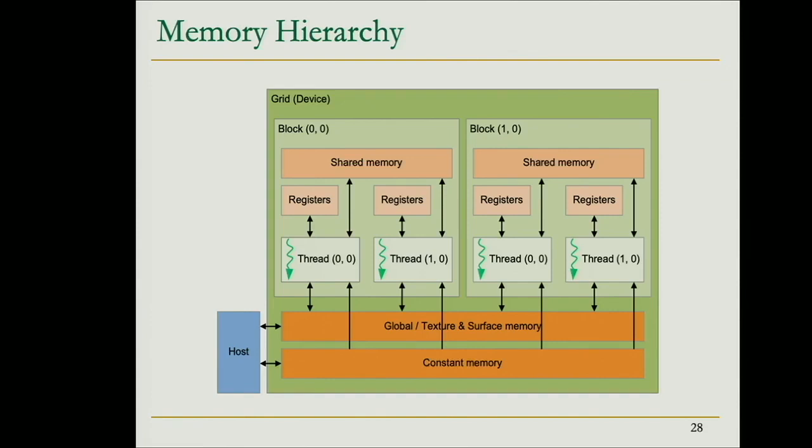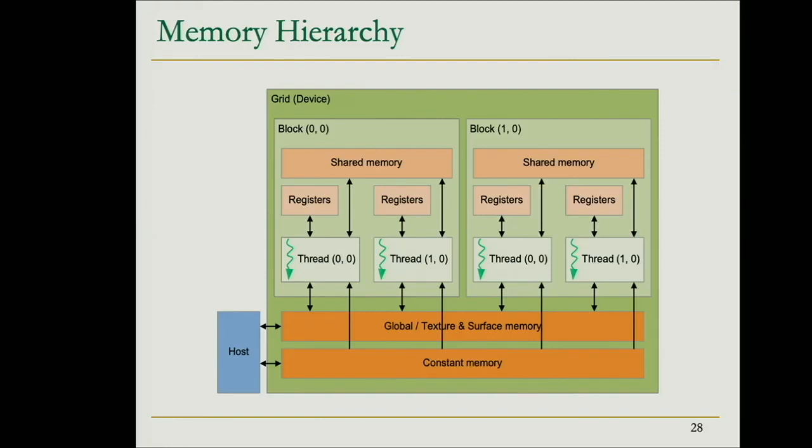From one thread, I can access my own registers, but in principle, I cannot access other threads' registers, but they can exchange data by using the shared memory. And all the threads running on the GPU can access data in DRAM, in the global memory.